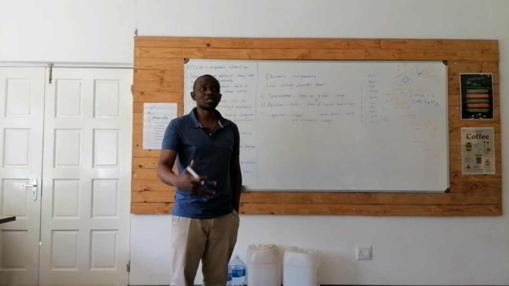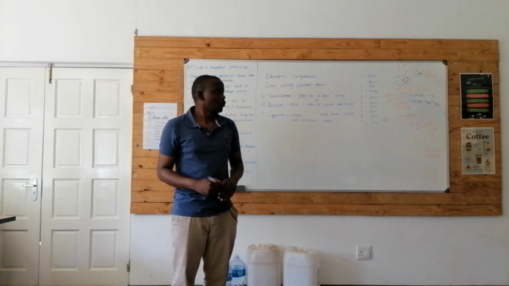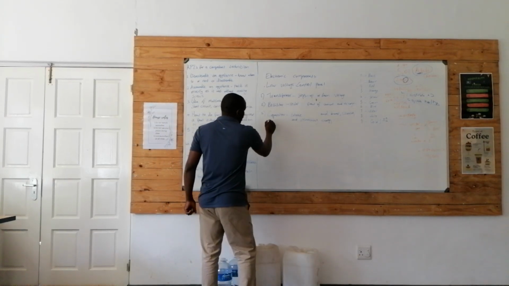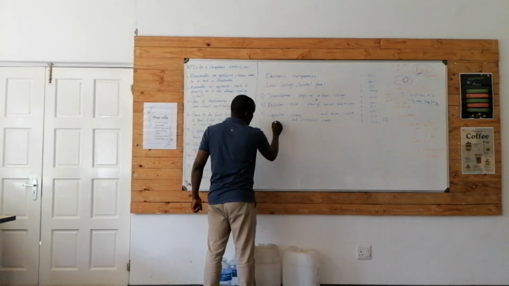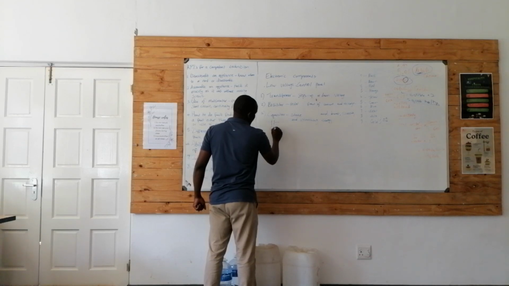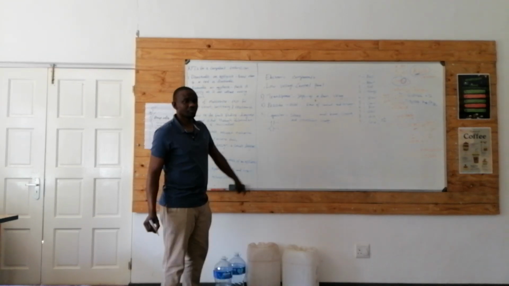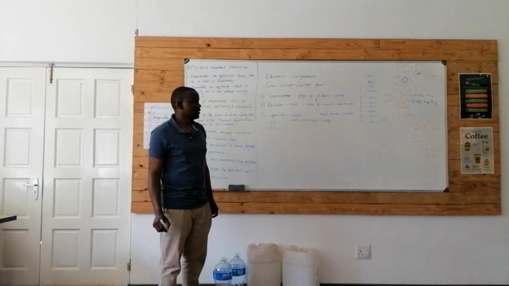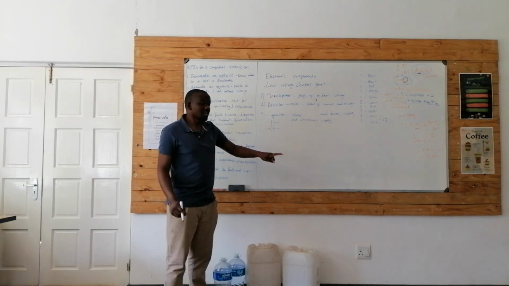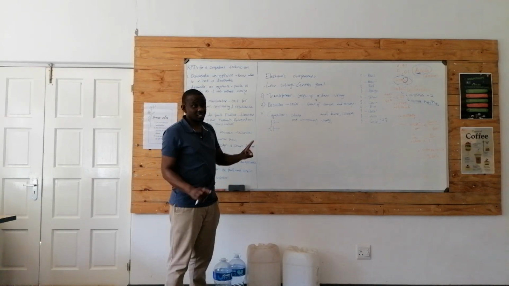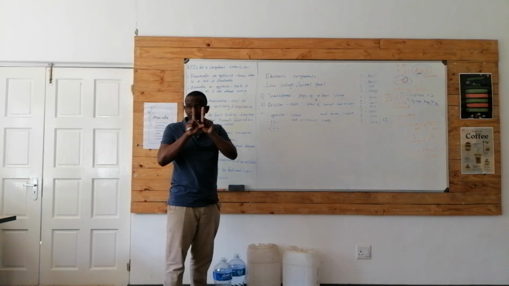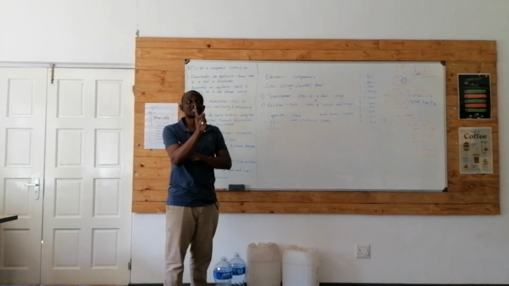A symbol for a capacitor is something like this. In other cases, one side is like this. When you see two parallel bars like this, just know that's a capacitor.